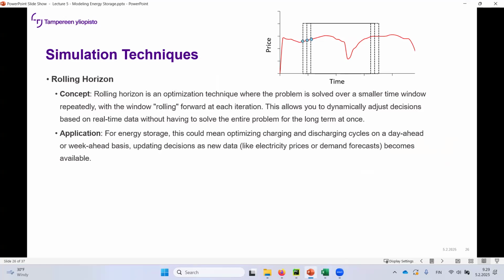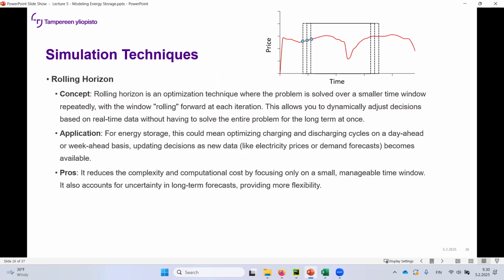So you catch up for the horizon, then it moves 24 hours again, then you catch up to it and so forth. But in my calculation, I just used the rolling horizon of 24 hours. It reduces the complexity and computational cost by focusing only on a small, manageable time window. It accounts for uncertainty in long-term forecasts, providing more flexibility than a longer horizon.